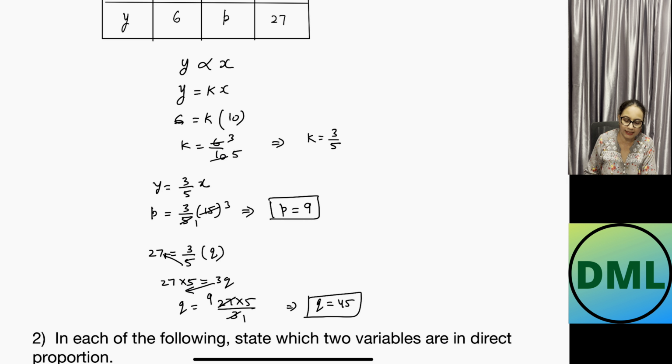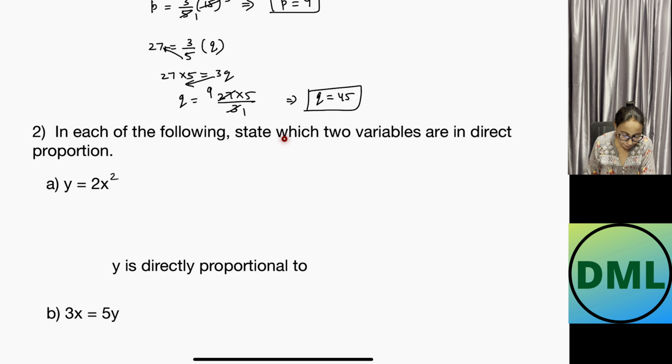Let's see the next example here. In each of the following, state which two variables are in direct proportion. Y is equal to 2x square. I need to say that y is directly proportional to which quantity. When the function is directly proportional to something, we give the constant k. When we have to find out the value for k, we are substituting the values for x and y.